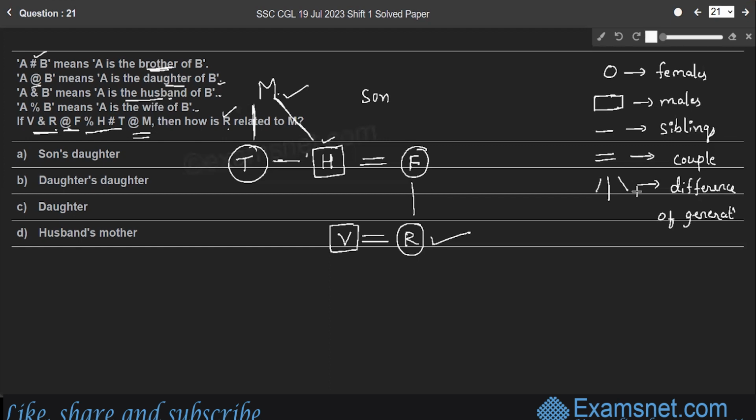Son of M. So R is daughter of H, right? So son's daughter, or granddaughter, both are same, right? According to the options, granddaughter option is not given here. Son's daughter is given, right? So H is son of M, right? H's daughter is R. Therefore, R is son's daughter to M, right? Therefore, option A is the right answer.